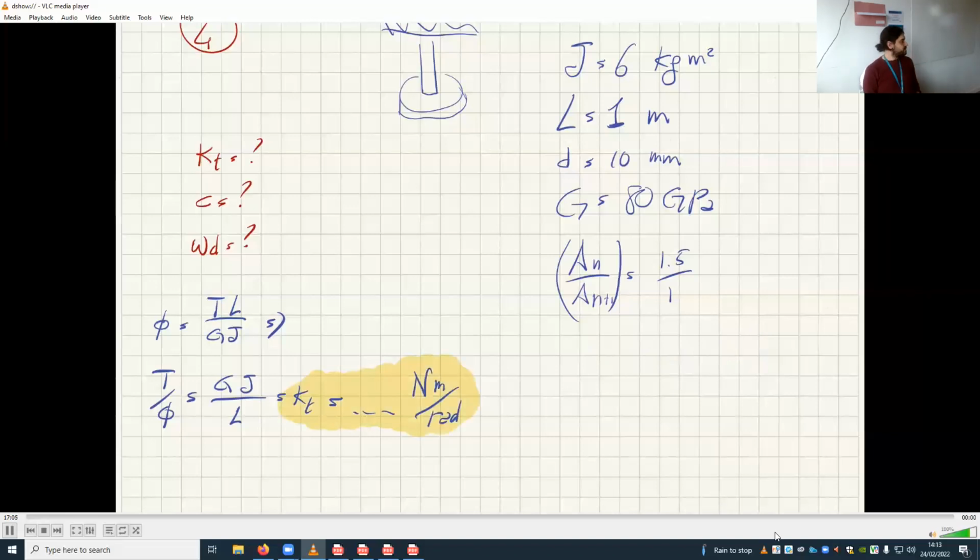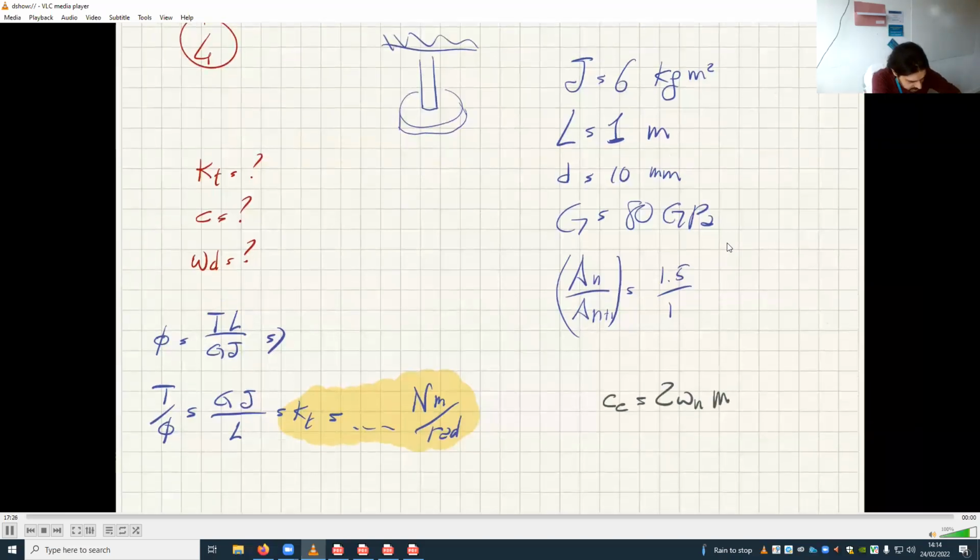What is C? Well, we can find C, remember, by using the critical damping ratio, which is 2 omega n times m, which in our case is 2 omega n times what? That's times J. Oh, just a second.